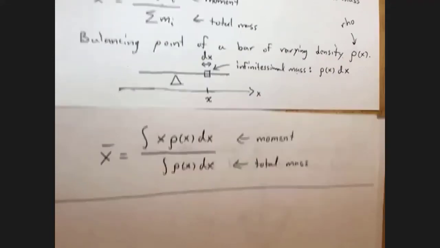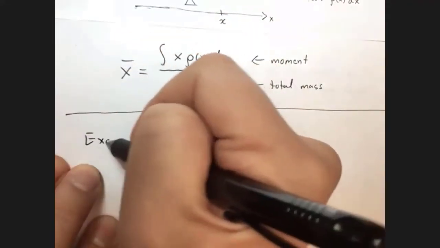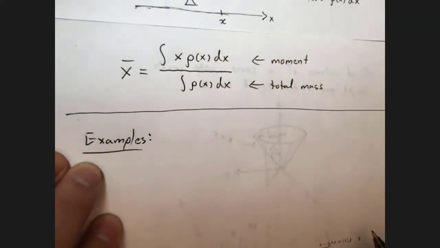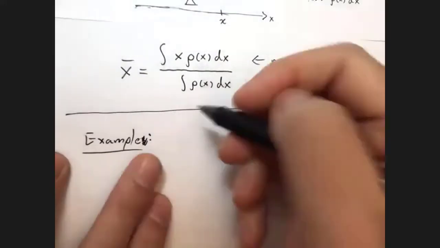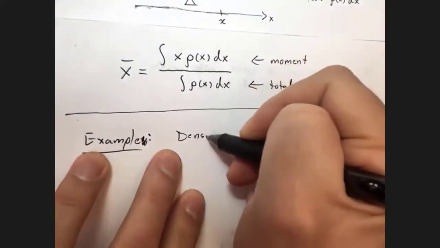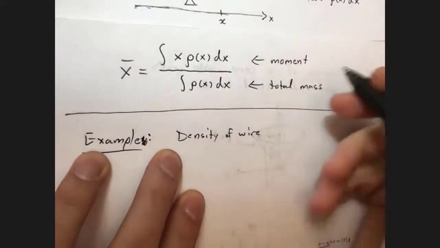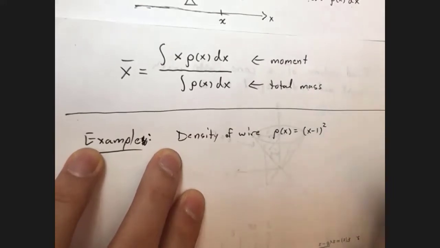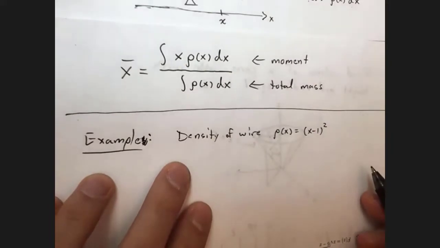So let's do an example. It's always good to do examples to make sure we fully understand what we're talking about. Say the density of a wire is given by x minus 1 squared, and the wire extends from -2 to 2.